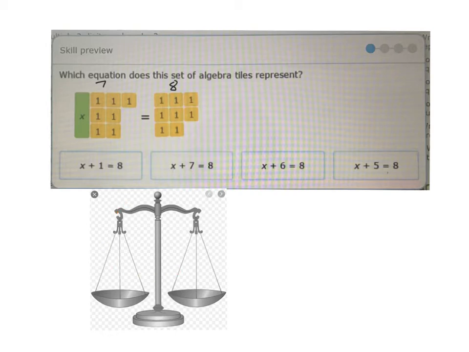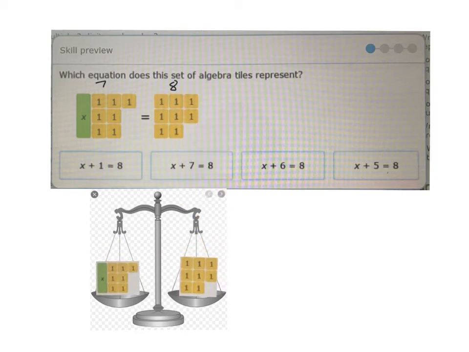So we're literally saying that the 7 algebraic tiles plus x weighs as much as the 8 algebraic tiles. I'm hoping you guys can solve for x on this and realize that in order for them to be equal, x must equal one more algebraic tile, because 8 algebraic tiles would weigh as much as 8 algebraic tiles.